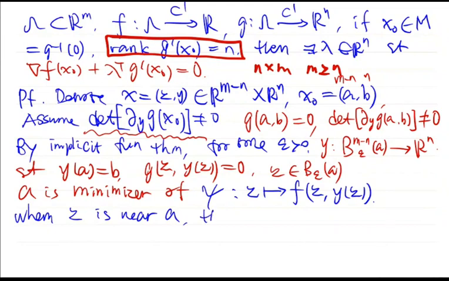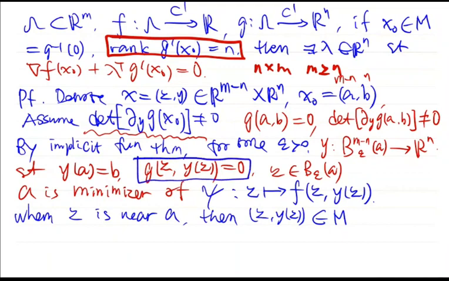then (z, y(z)) belongs to M. Why does this belong to M? Because G(z, y(z)) is 0 for z near a.